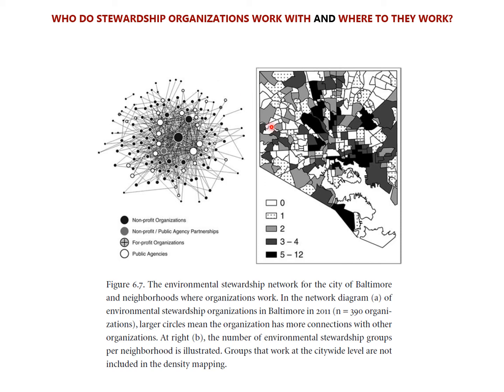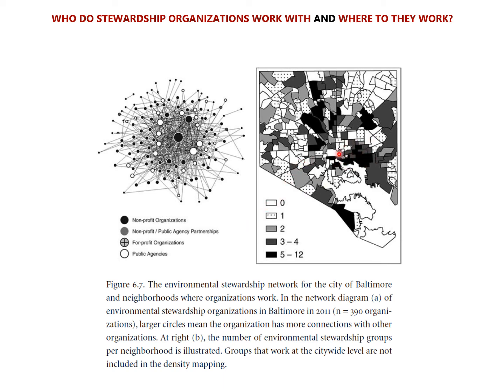Another thing is, where were they working? Are they working in areas where it's needed? If you remember that map, this was the area where there's really low urban tree canopy, and this is a lot of the more impoverished neighborhoods and legacies of redlining. What you're seeing is the number of organizations that are doing tree planting in a given patch.